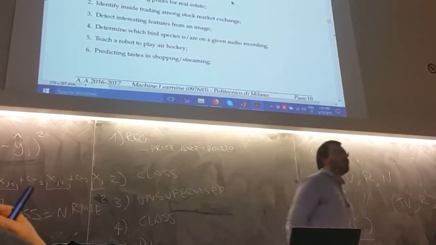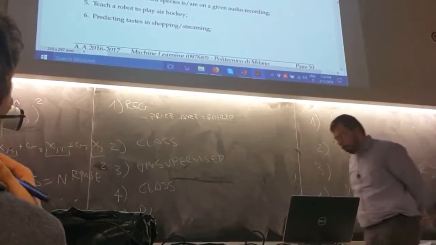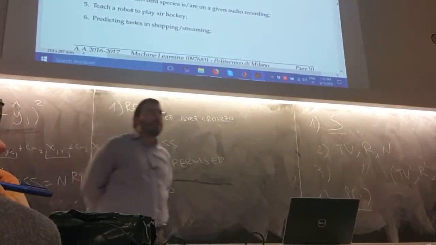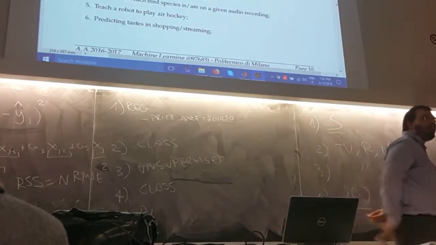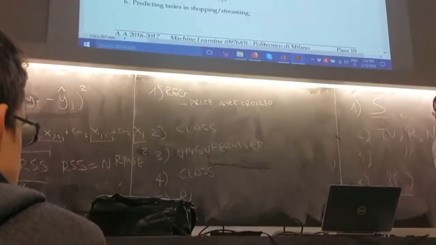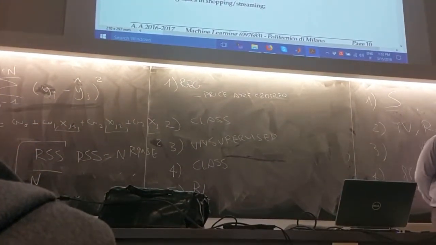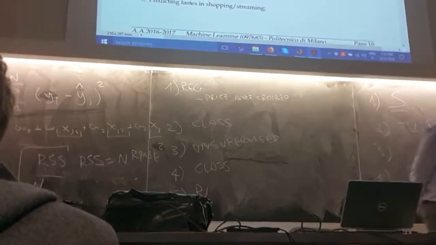Because we will see, in some problems in reinforcement learning, you know exactly the value of each action you are performing. So it is not a matter of whether you know your reward or not. It's a matter of how you formulate your problem.